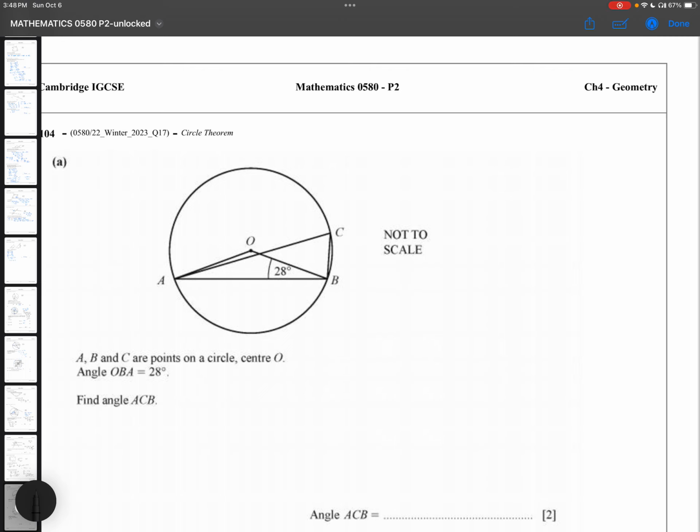Since O is the center of the circle, OB and OA are the radii. So this angle OAB will also be equal to 28 degrees.